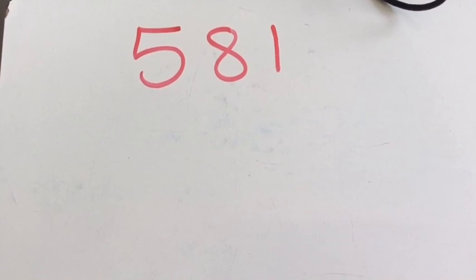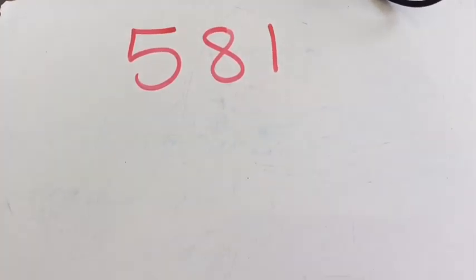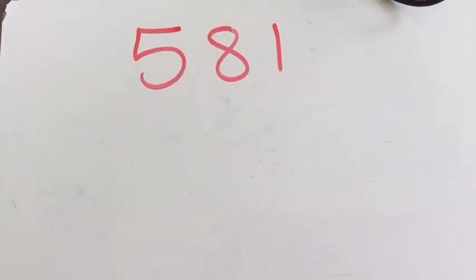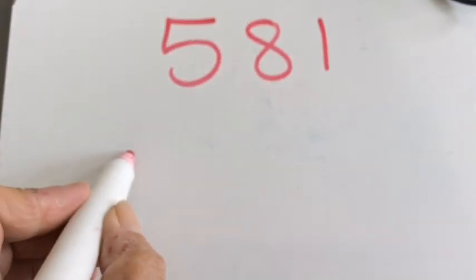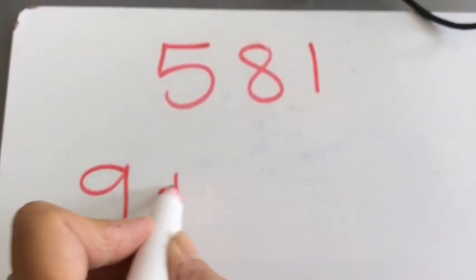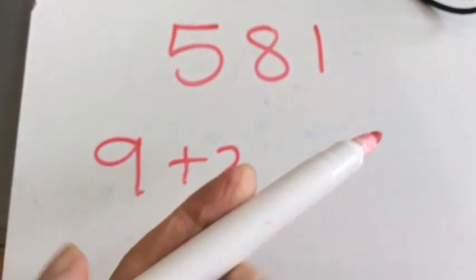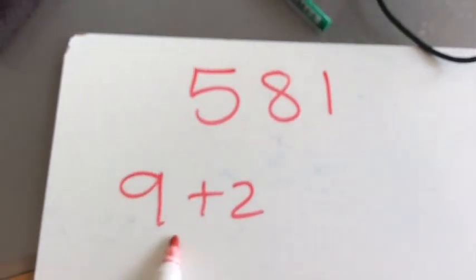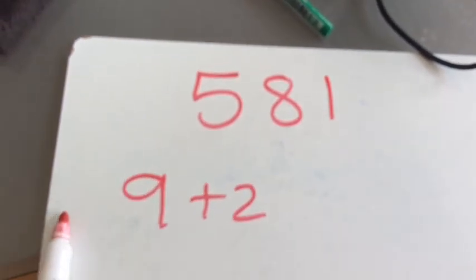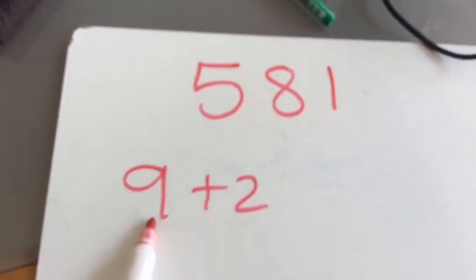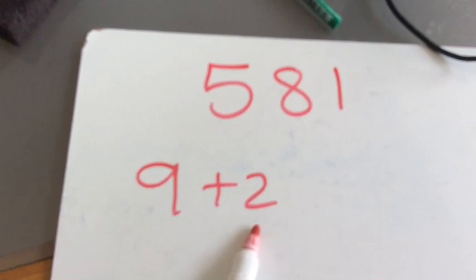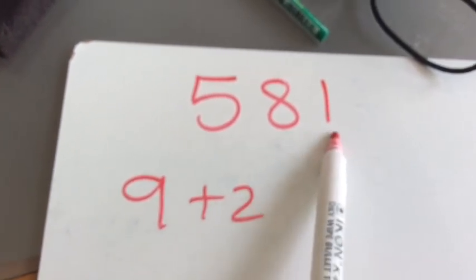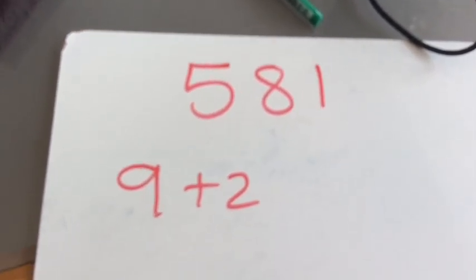You might want to use your number bond facts to 11 to help you. For instance, you know that 9 and 2 makes 11. We need our answer to end in a 1. So you could have one 3-digit number ending in a 9 and another 3-digit number that ends in a 2, because you know it's going to give you the 1 at the end.